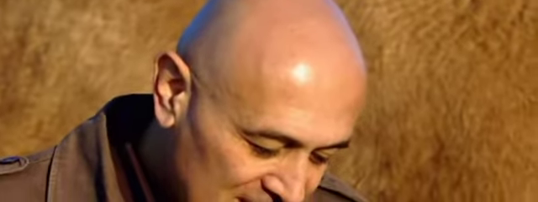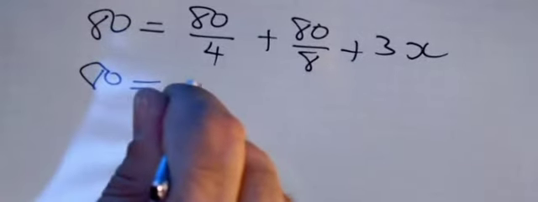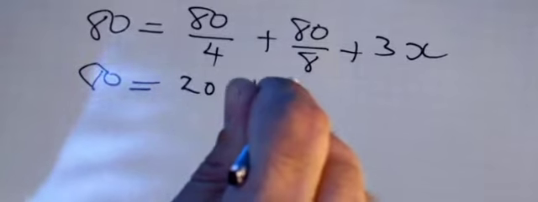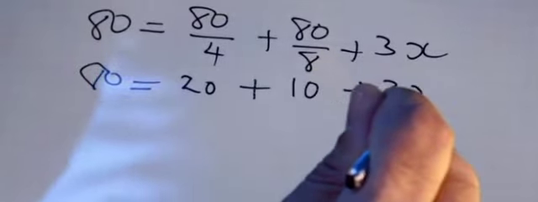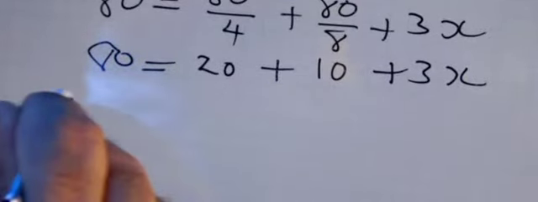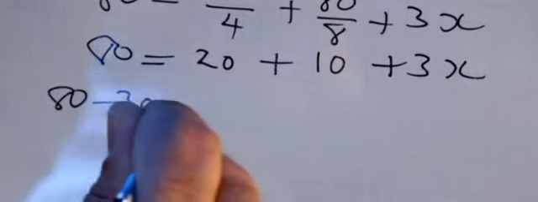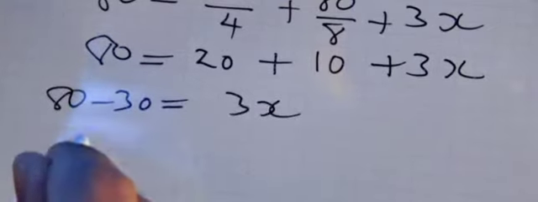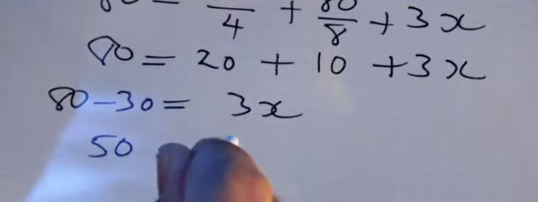Al-Khwarizmi worked through the algorithm, the recipe to work this out. So if I simplify this, I have 80 equals 20 plus 10 plus 3x. So 80 is 30 plus 3x. I take the 30 to the other side. 80 minus 30 equals 3x. 50 equals 3x.